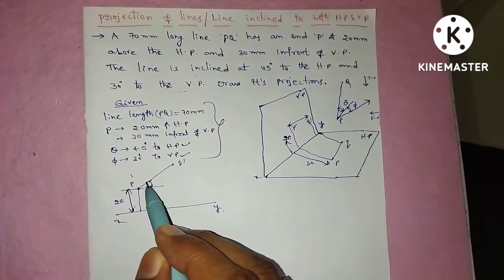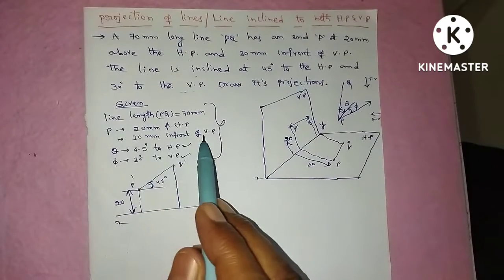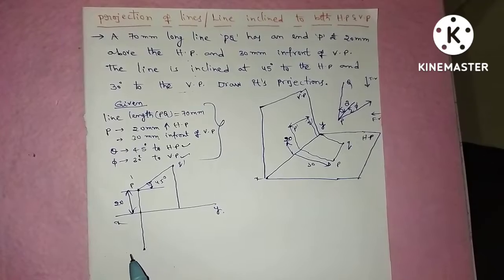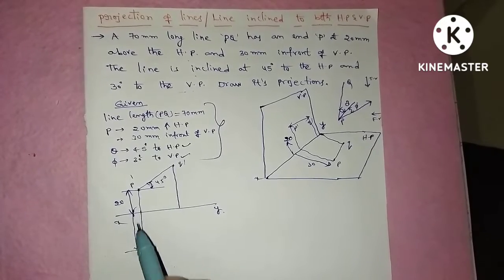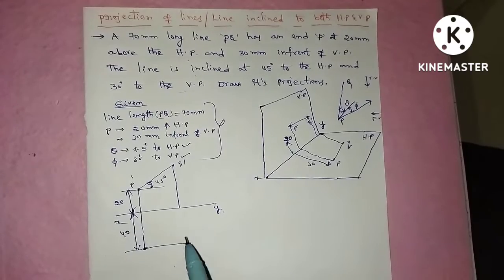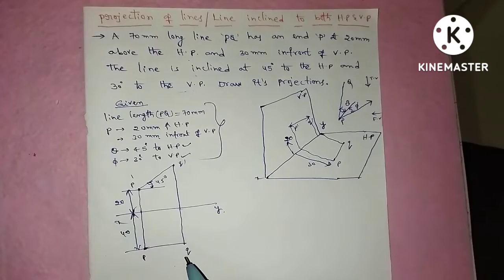P dash Q dash is at 45 degrees. So this is the front view. For the top view, project the points P dash Q dash below the XY line. Below the XY line the distance is 30 mm and the top view is a horizontal line. These are the projections when the line is inclined to HP.